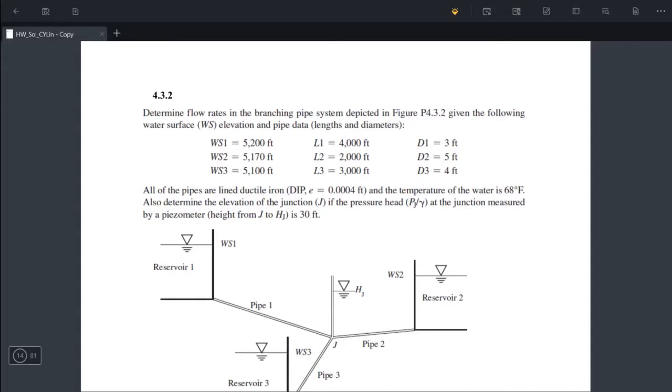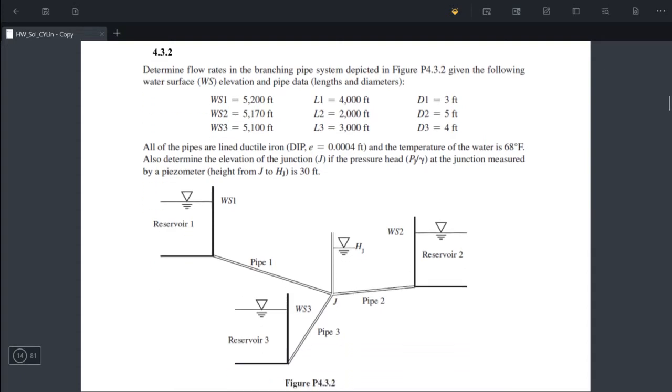Okay, now let's look at problem 4.3.2. This problem is a classic three reservoir question, and the problem asks us to determine the flow rate in the branches of the pipe system shown in this diagram, and that means we need to find out Q1 at pipe 1, Q2 at pipe 2, and Q3 at pipe 3.